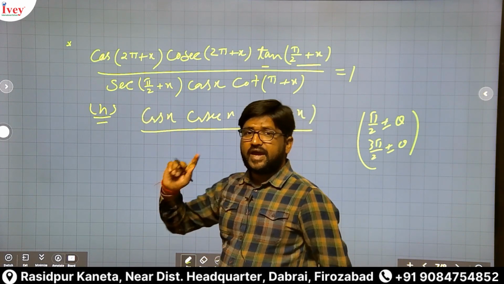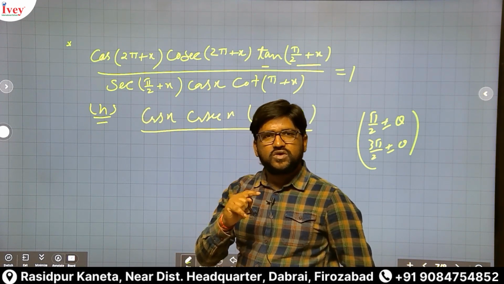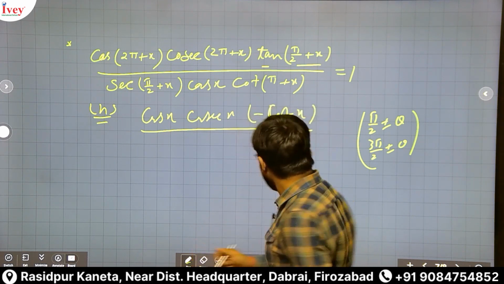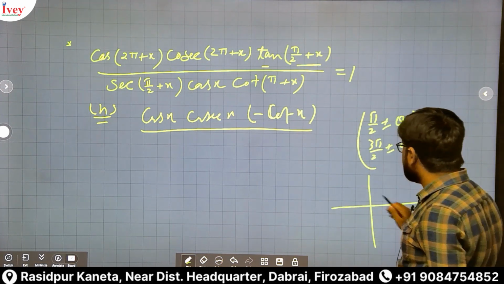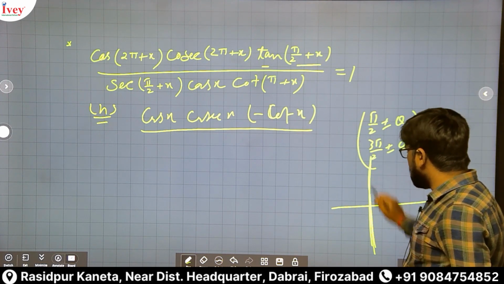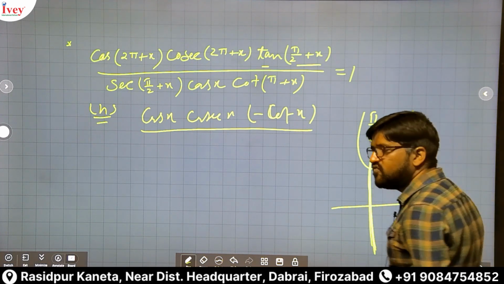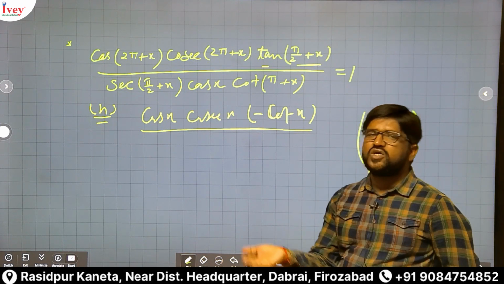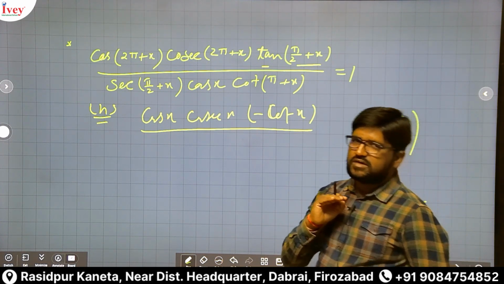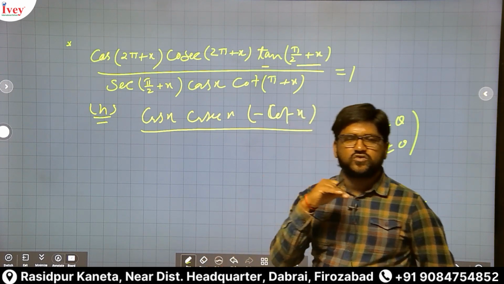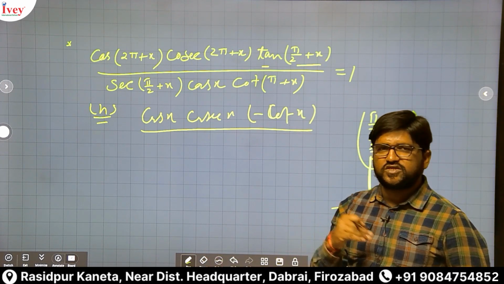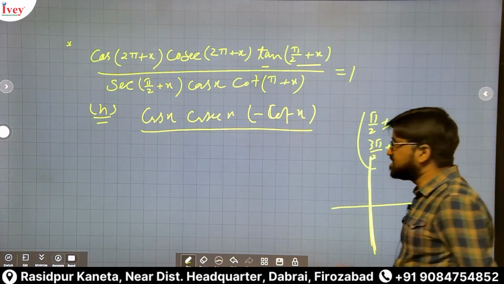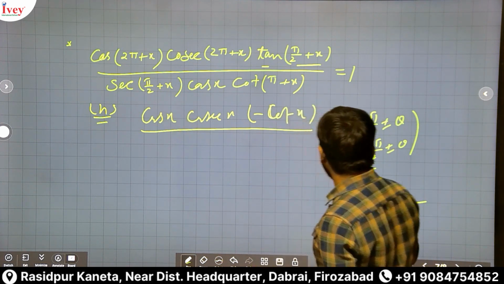So it is sec, and one more thing I told you, that in π/2 ± θ and 3π/2 ± θ, or let me say in general, the allied angle of the vertical axis, the y-axis, it always happens that sine will change into cos, cos will change into sine, tan will change into cot, cot will change into tan, sec will change into cosec, cosec will change into sec. Please keep it in mind. So π/2 + x is the allied angle of the vertical axis.